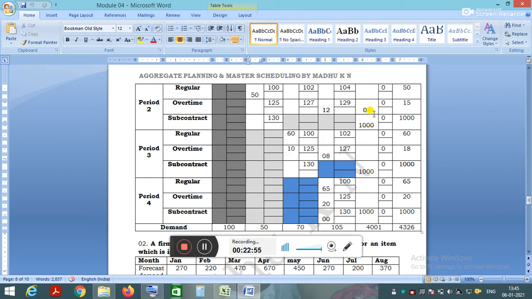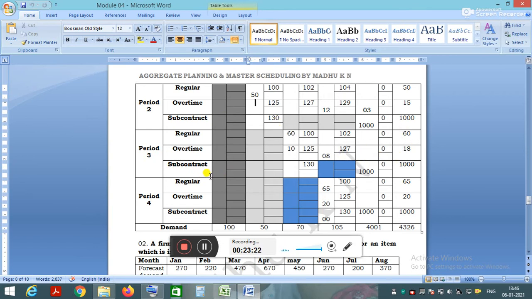Here you can see 3. Why have I written 3? Because the capacity available for period 2 in the overtime is 15. We produced 12 products in period 2 and stored them as inventory for period 4, so the unused capacity is 3. Here 10 plus 8 is 18, so we completely utilized the capacity.